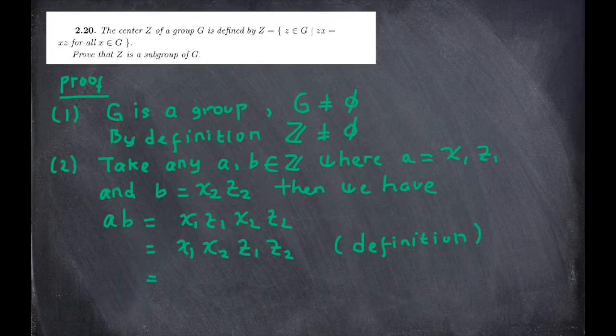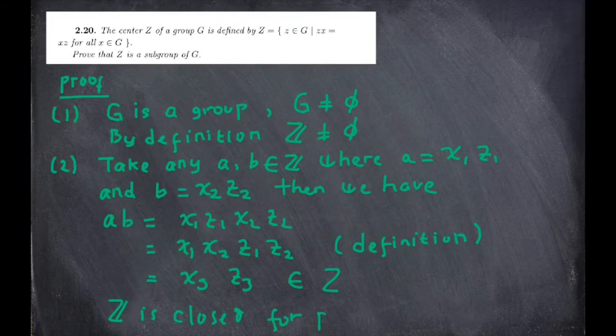So we can write x1 x2 become x3, and Z1 Z2 become Z3. These are elements of Z. So that's why Z is closed for product.